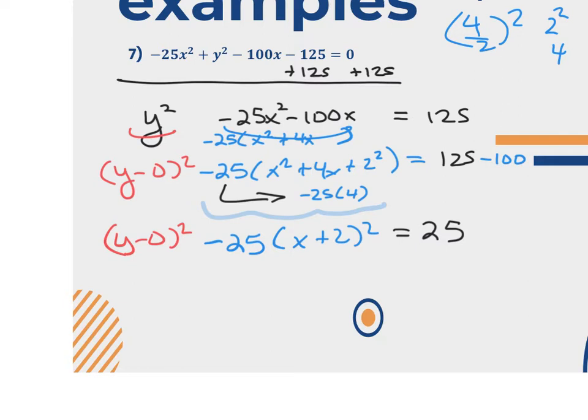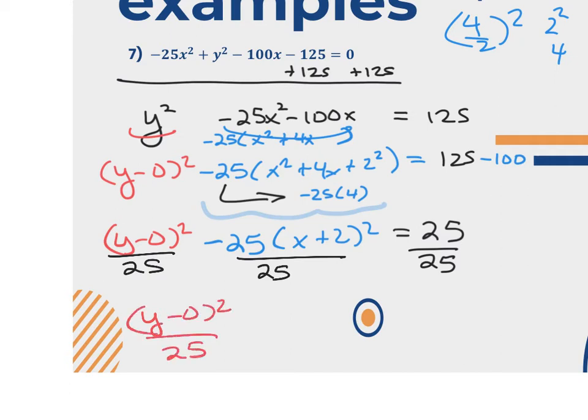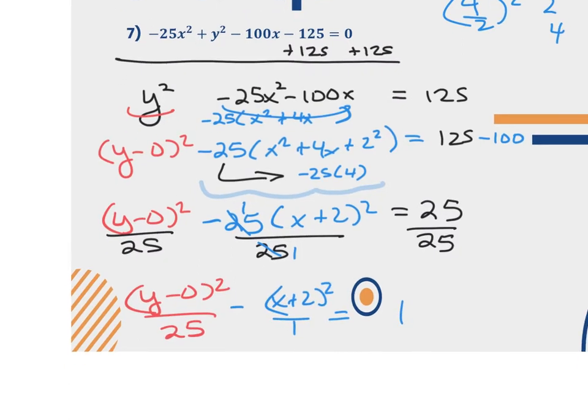So what I need to do is divide everything by 25. And then this will be y minus 0 squared over 25. This one simplifies to a 1. So minus x plus 2 squared over 1. And then it equals 1.